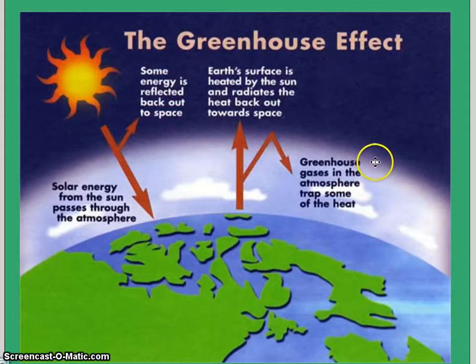What that is, is where the gases in our atmosphere, which we call greenhouse gases, like carbon dioxide and water vapor, will trap that heat in our atmosphere, and that keeps us warm. So between the sun giving us that solar energy and the atmosphere trapping some of that energy, it keeps us nice and warm and makes life possible on Earth.